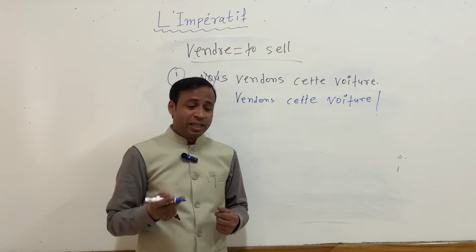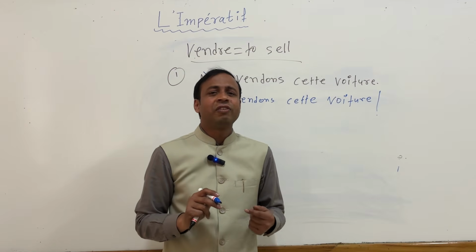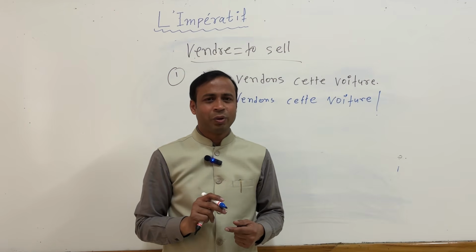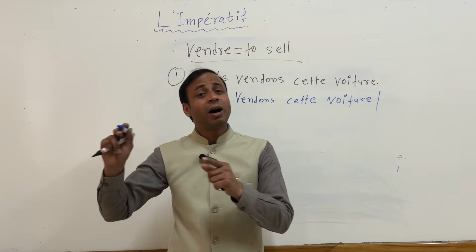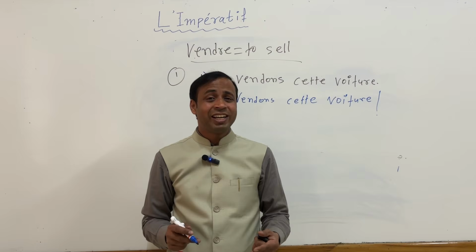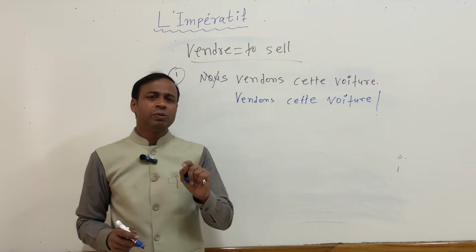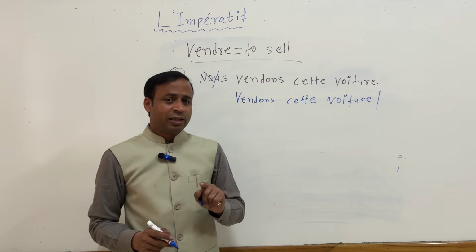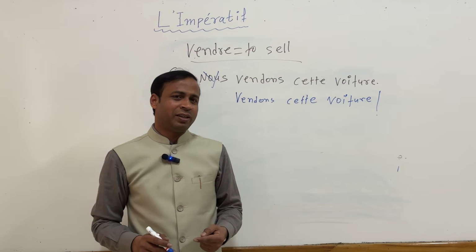Okay, now there are some verbs which are different in imperative. Avoir and être and some other irregular verbs are conjugated differently in imperative. In this video I will give you only two verbs, avoir and être, that will be conjugated in a different way when you make the imperative.